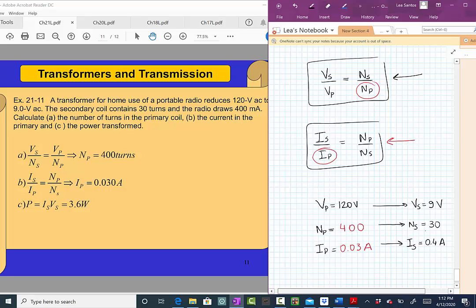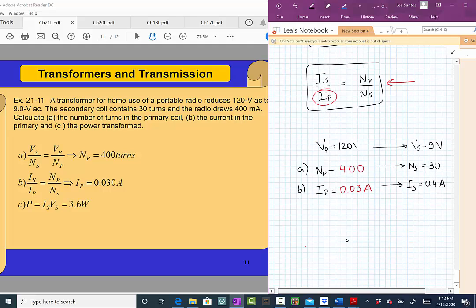So this was question A, this was question B, and now comes the last question, question C, which is the power transformed, the amount of energy per time that is transformed. The power transformed is IV, and you can choose any of the two. You can use IpVp or IsVs because we are not changing the energy.